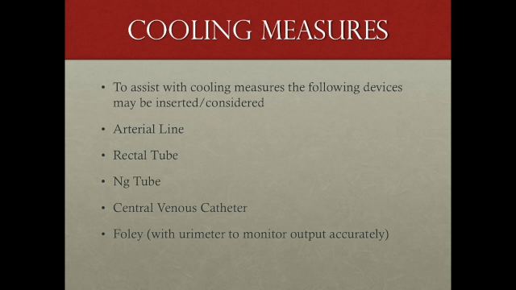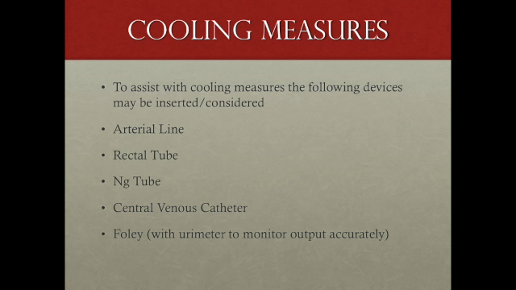This slide here is just a quick slide to show possible ways of cooling. You may or may not already know these, but in essence, to help with cooling measures, we're going to use an A line, insert a rectal tube, start an NG tube, central venous catheters, and basically a Foley, so that we can monitor the input and output extremely accurately.